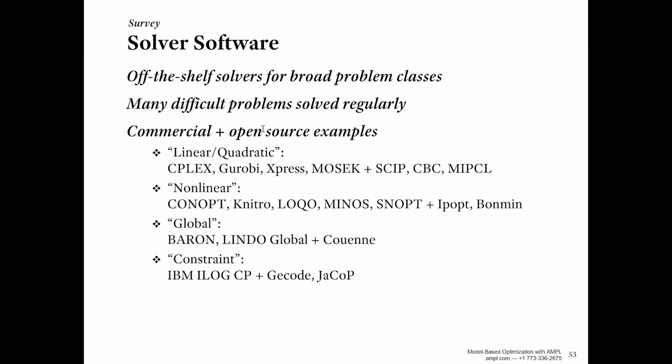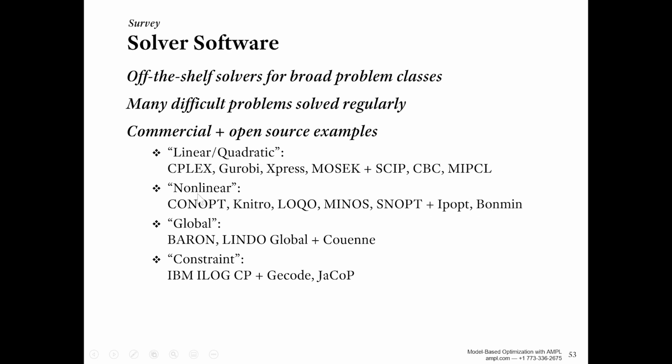And there are many examples of these. The example problem we had is what's called a linear or quadratic. In fact, it's entirely a linear example that I had. And so there are various good commercial solvers. In addition, there are free or open source solvers.